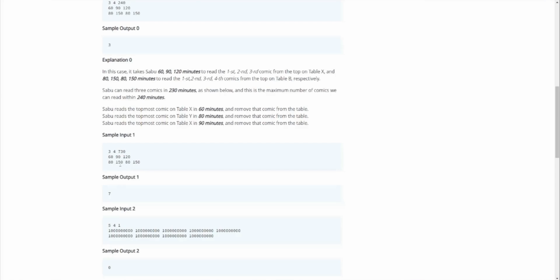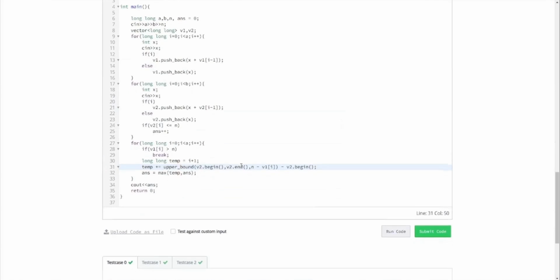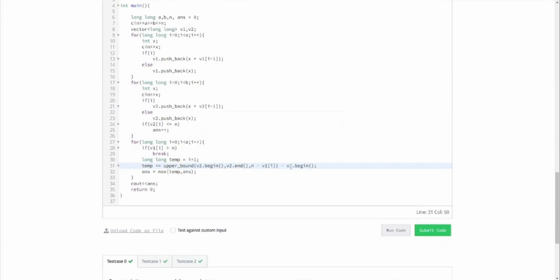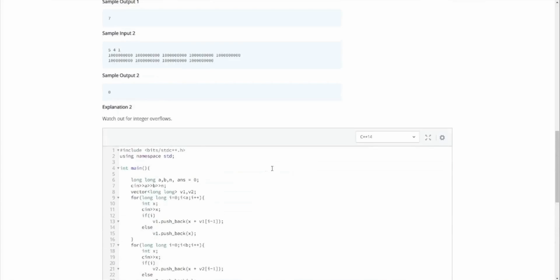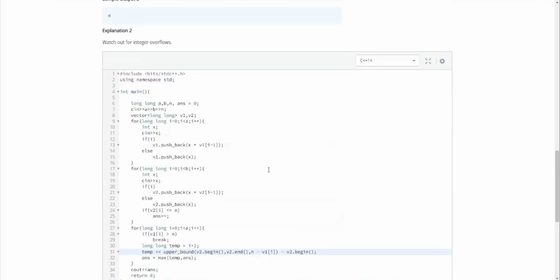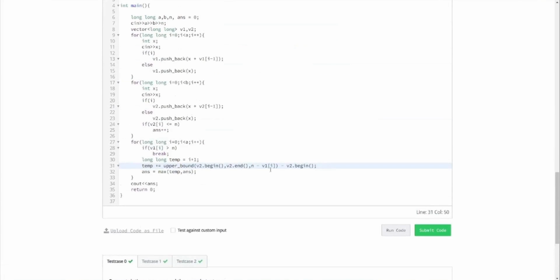So 180 would be index 1, so 0, 1. Here the upper_bound function would return 1 as its value. So the temporary variable is equal to 1, and then minus v2.begin().